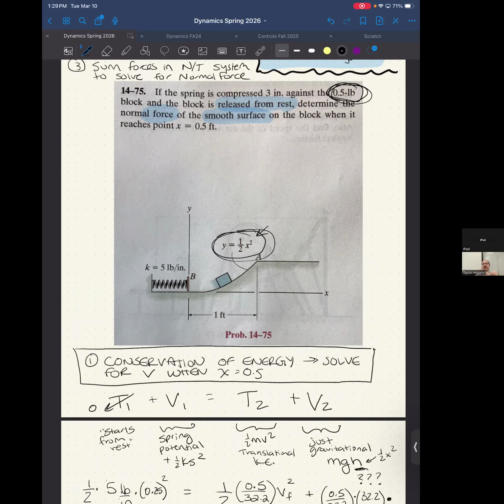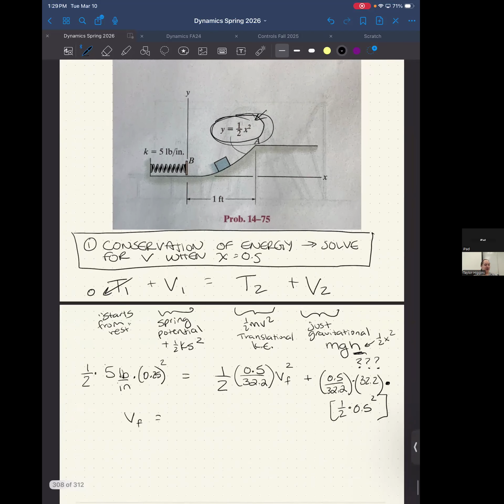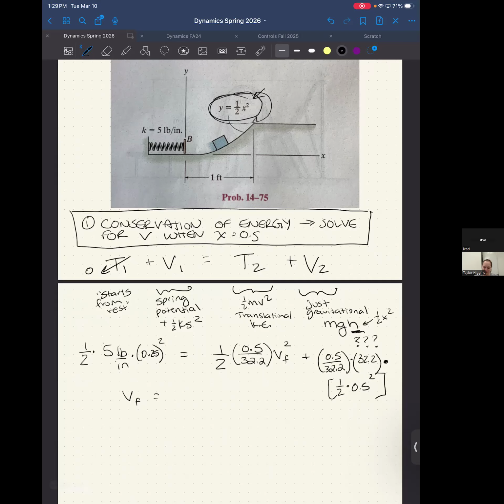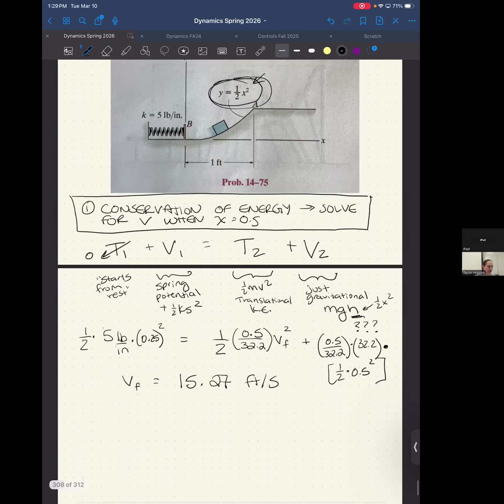Sorry, I shouldn't have suggested going to inches. I know, why the heck do we use these units anyway? Okay, so we should get 15.27 feet per second is the final velocity when we're at the point that we care about.